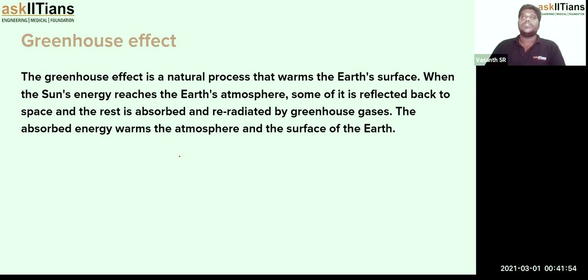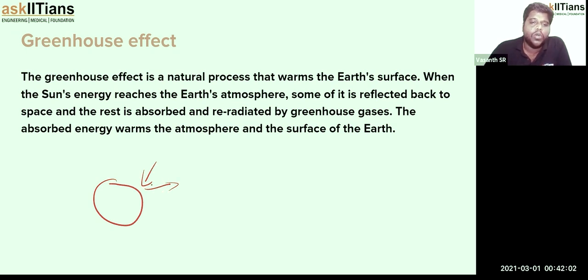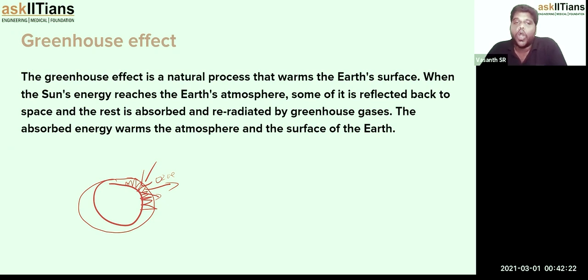When the sun's energy reaches the earth, it gets deflected by the ozone. But some of it actually enters the earth and later gets deflected. In the process of reflection, when there is a barrier that does not allow it to be deflected, it gets internally deflected, and that makes the earth so hot.